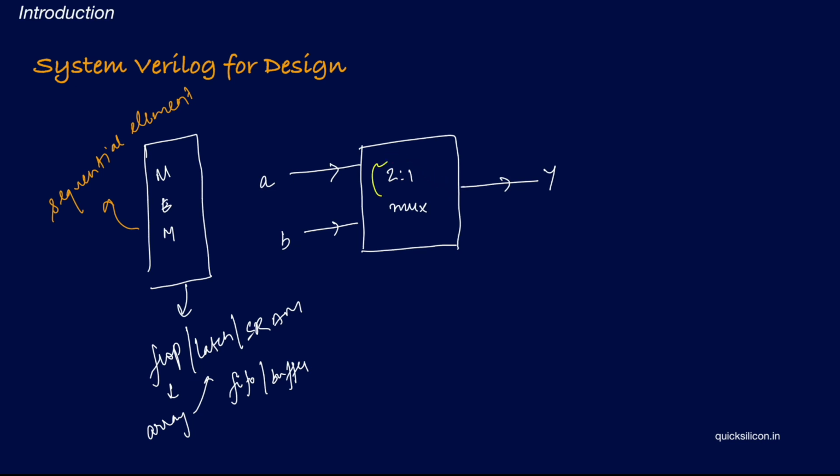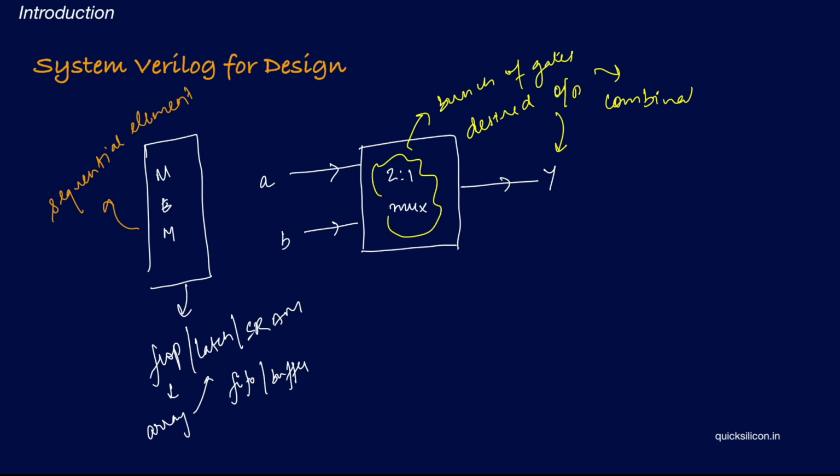What your block is doing is it has a bunch of gates which are put together to form the desired output, which in this case is Y. And this set of gates together is what is known as combinatorial logic. It basically consists of some of the universal gates, NAND gates, AND gates, muxes, everything put together to form a particular desired output.